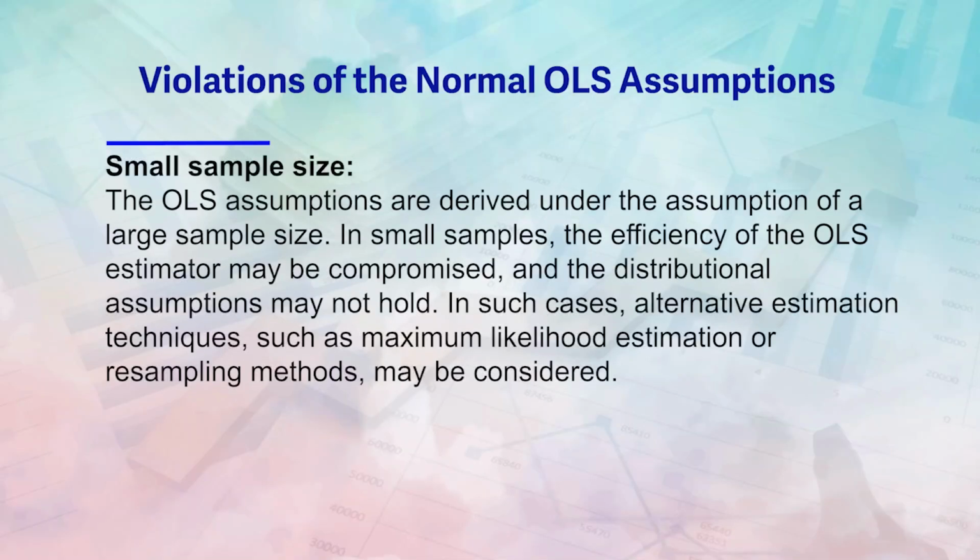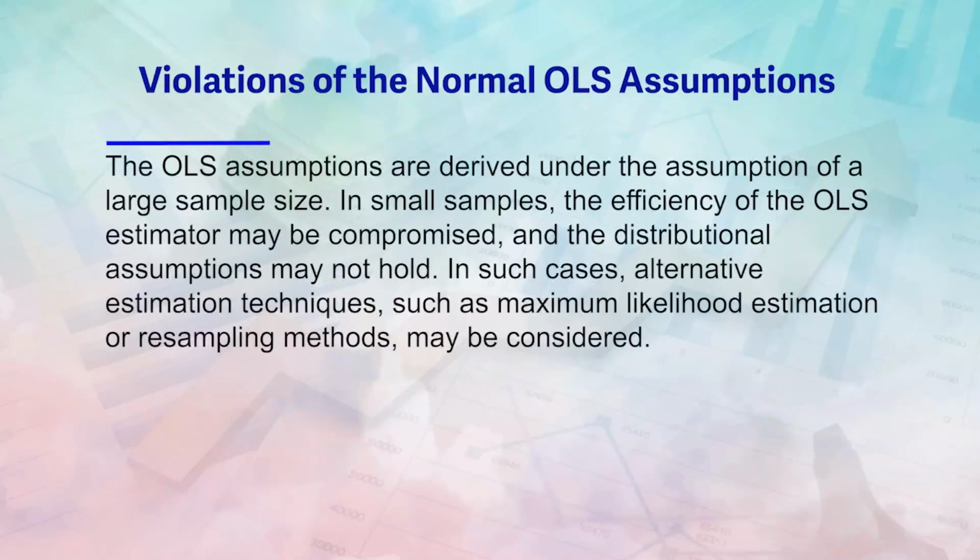Small sample size sometimes can come up because of the paucity of data. Suppose the data cannot be collected beyond a certain limit and thereby some kind of compromise is done. Under that situation, the OLS estimator may be compromised, but there should always be some alternative estimation techniques.